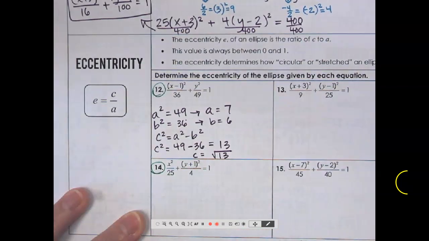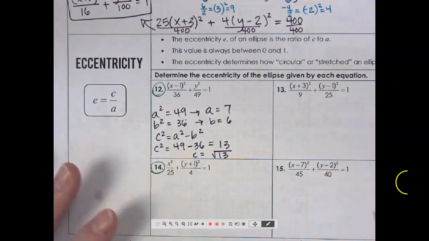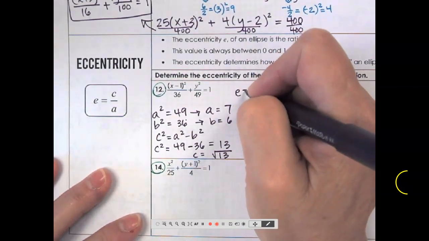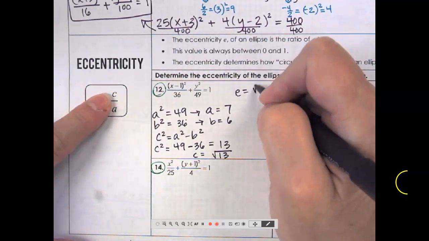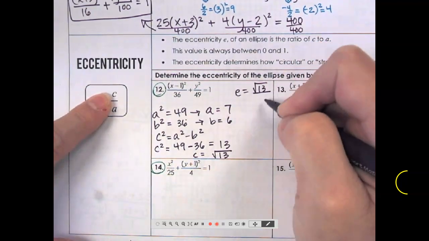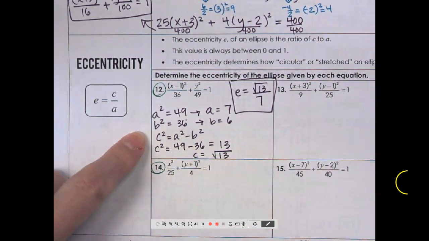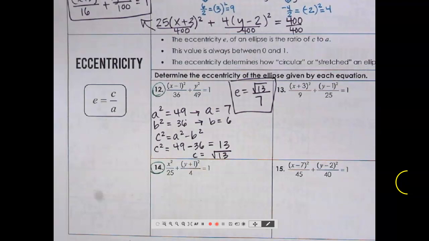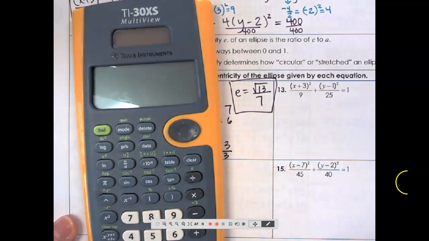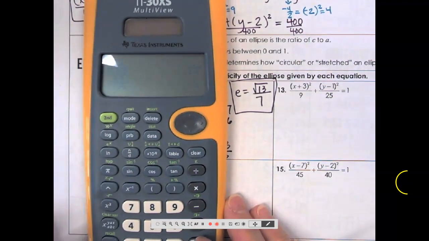Square root of 13. Okay, so now I can tell you that the eccentricity is C, square root of 13, over A, which is 7. Now, is that close to 1 or close to 0? I don't know exactly. I'd probably need to get a decimal approximation, right?